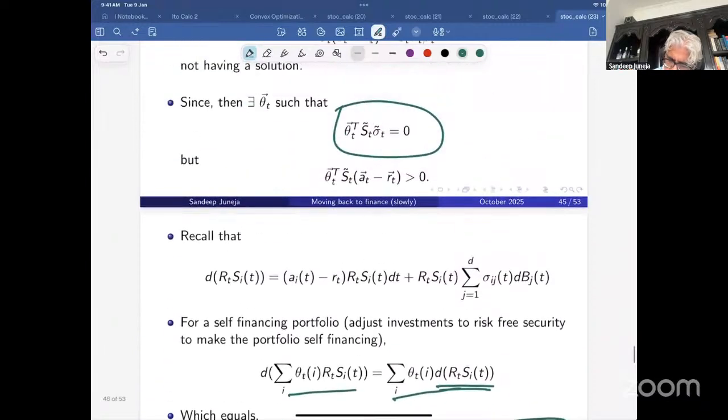That's what this quantity here is giving me. Right, this boils down to the summation of theta_Ti S tilde_Ti sigma_ijT for each j being equal to 0.